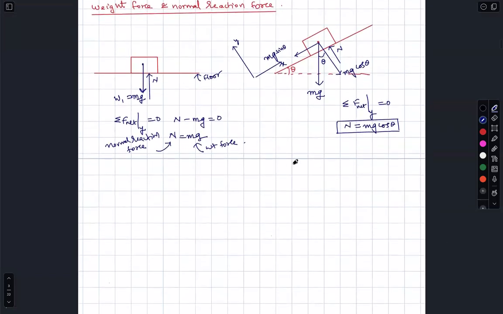Tension force is usually of two types: elongative in case of a string, elongative or compressive in case of a rod, light rod.